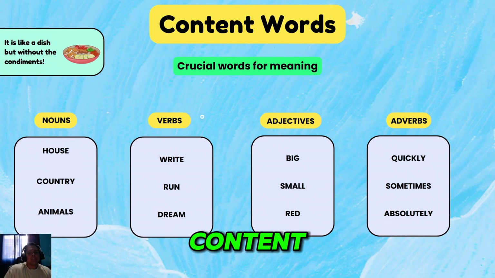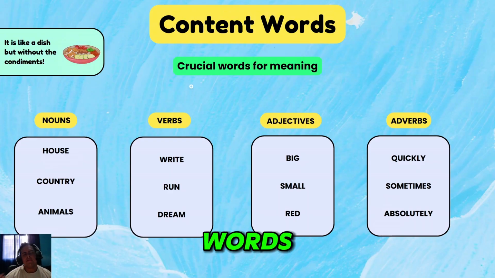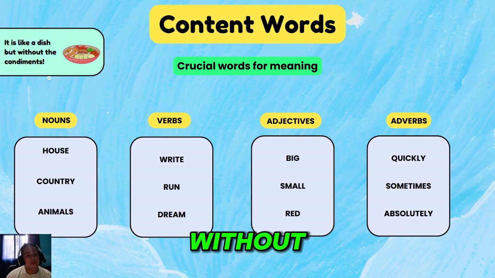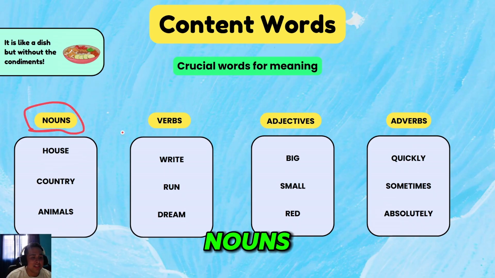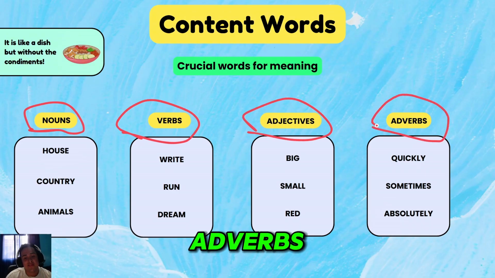We have content words. Content words are the crucial words. As it says here, it's like a dish, but without the condiments. For example, we have the nouns, the verbs, the adjectives, and the adverbs.